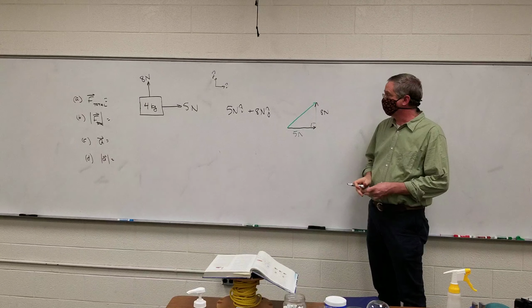And then acceleration, F equals ma. Well, I know the force, I know the mass. If I'm solving for acceleration, I divide by the mass. Five newtons I hat plus 8 newtons J hat divided by 4 kilograms.